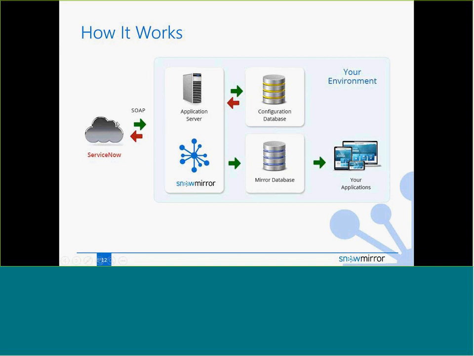And SnowMirror accesses ServiceNow using the out-of-the-box SOAP API. So no need to modify your ServiceNow instance at all. The only thing you need is a username and password with sufficient permission so you can download the data.